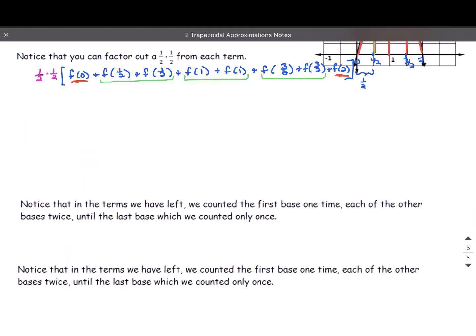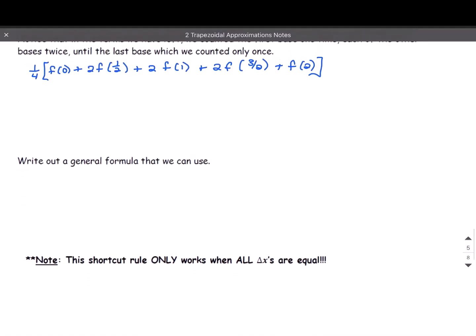So that means we could rewrite this. 1/2 times 1/2 is 1/4. We have f of 0 plus 2 f of 1/2 plus 2 f of 1 plus 2 f of 3/2 plus f of 2. We could even go another step. Notice these 2's.